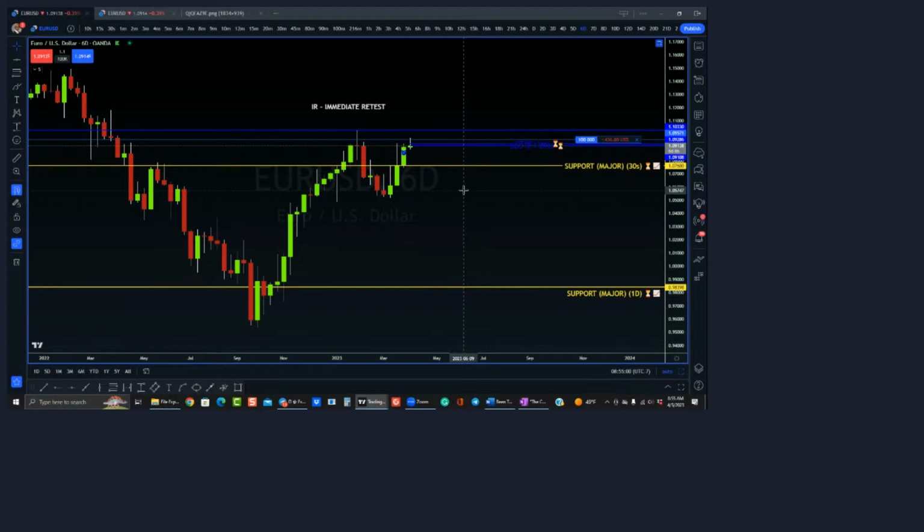If you've got $100, you should not be risking more than $2. If you've got $1,000, no more than $20. If you've got $10,000, no more than $200. And all I mean is your position size.